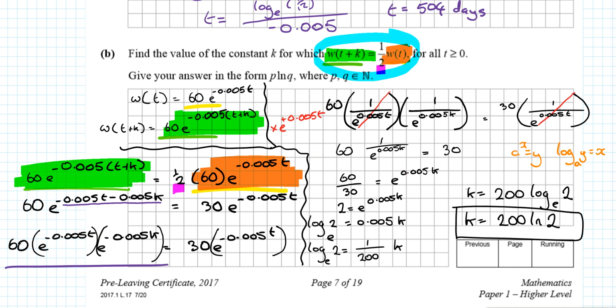I've multiplied both sides by e to the 0.005k. So I've gotten rid of the fraction on the left-hand side and created the k being the unknown on the right-hand side, and at the same time I've divided by 30. So that's where this is coming from. 60 divided by 30, 2.